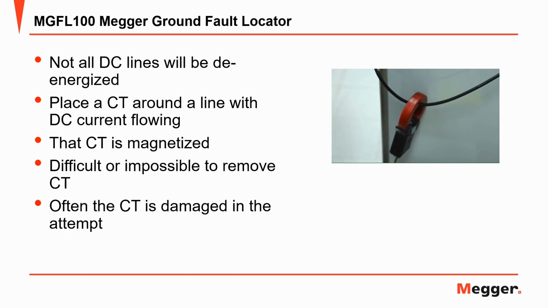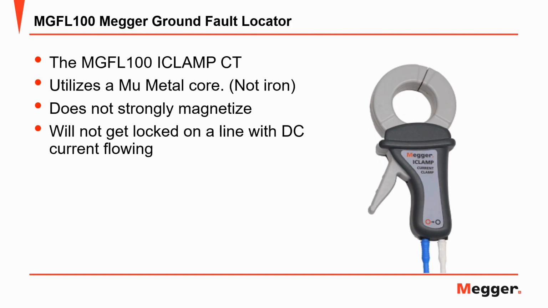It will make it difficult or even impossible to take that CT off. Many times the CT will be damaged or broken in the attempt. The MGFL100's I-clamp CT uses a mu-metal core. This means it will not magnetize when placed on lines with high levels of DC current.